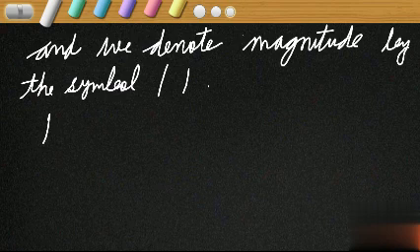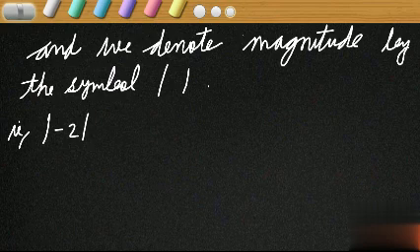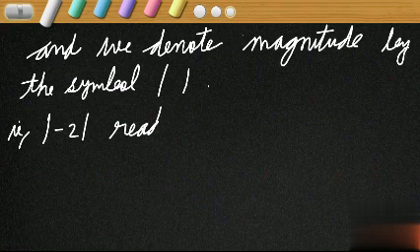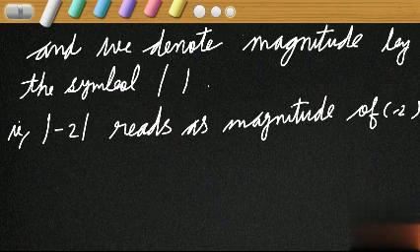That means mod -2 reads as, how it reads? As magnitude of -2. Mod -2 reads as magnitude of -2.